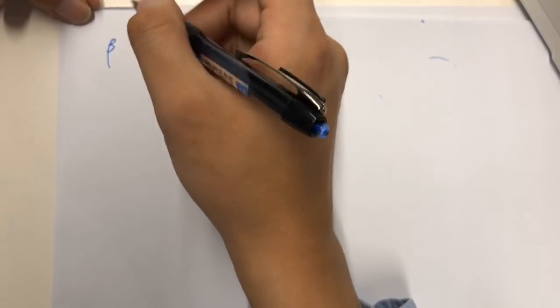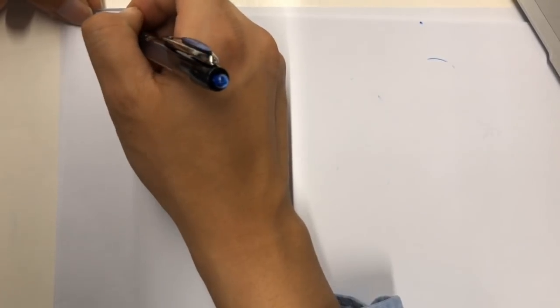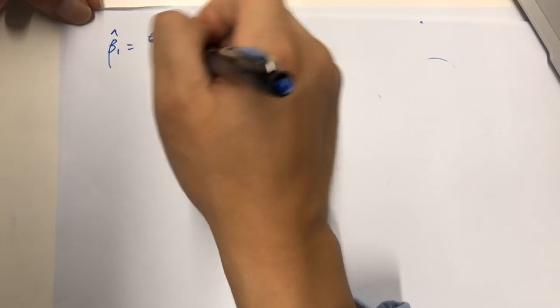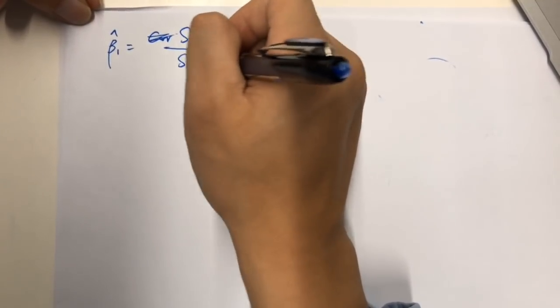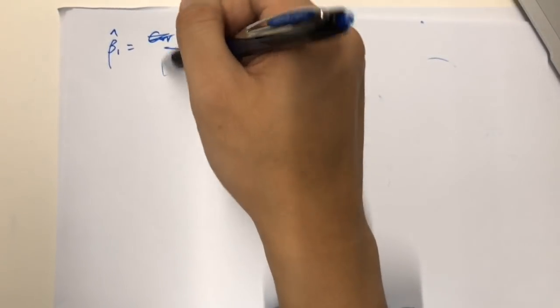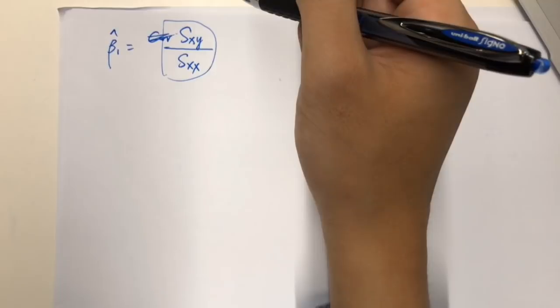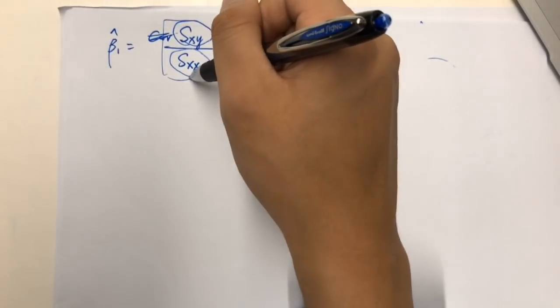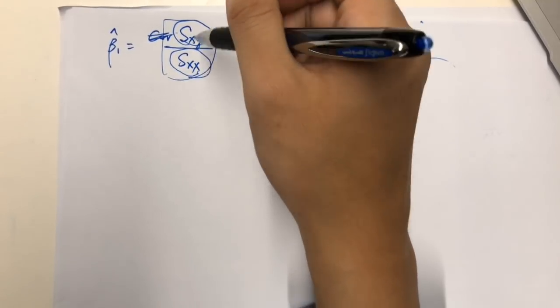But for simple linear regression, we did learn beta 1 hat equals the covariance, S_XY divided by S_XX.